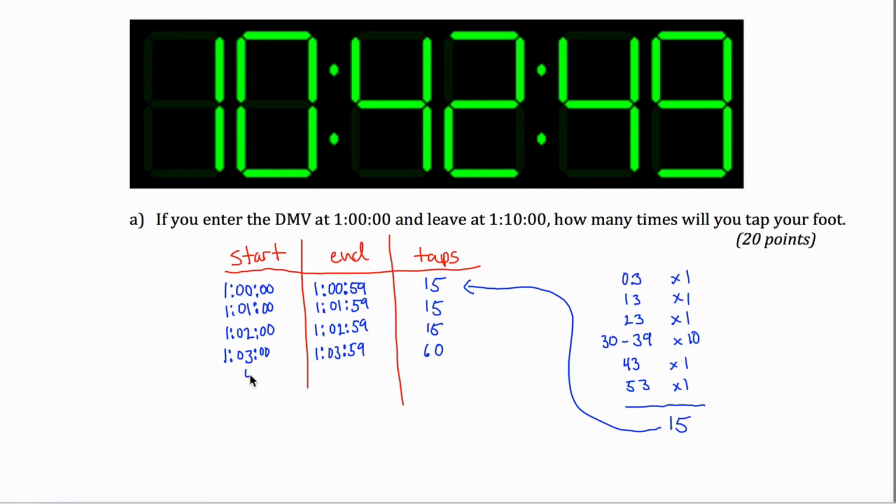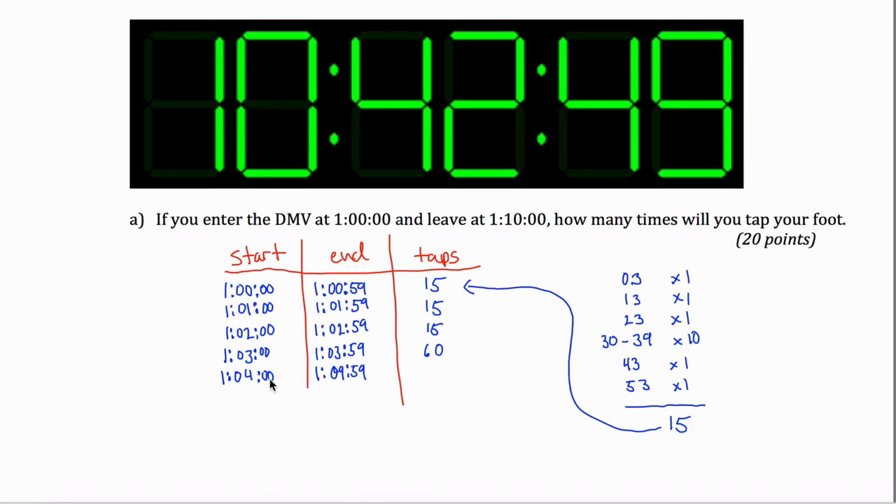Then I can look at 1:04 up to 1:09. Let's say from 1:04 and 0 seconds all the way up to 1:09 and 59 seconds.